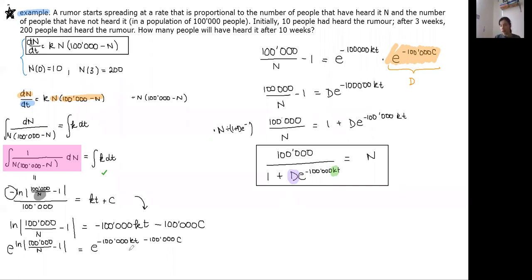All right, according to you, how will we find these values? Using the initial conditions. So I'm going to start with n of 0, and I'm going to see if I can solve for one of them. And then I'll have n of 3, and I'll try to solve for the other one.